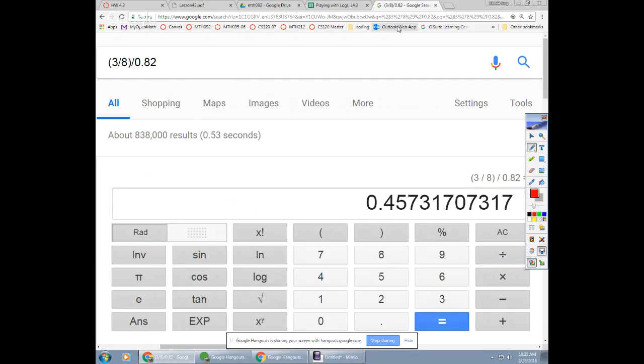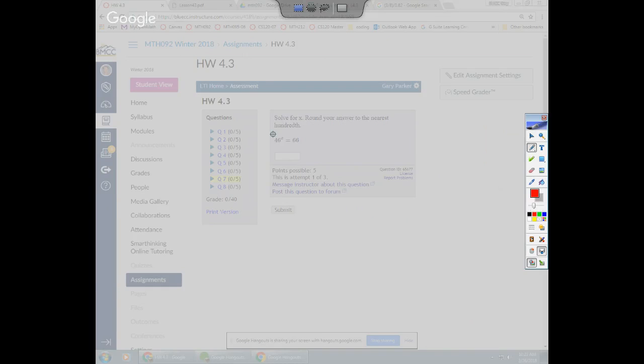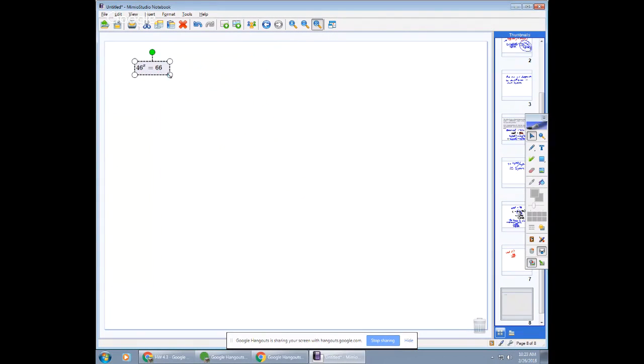So let's do another problem. All right, so I'm going to switch back here to problem 7. Problem 7 has no context. It's just, hey, here's a problem with an exponent. Can you solve it? So I'm going to screenshot that and blow it up a little bit. What should x be here? Use either approach. Try something.